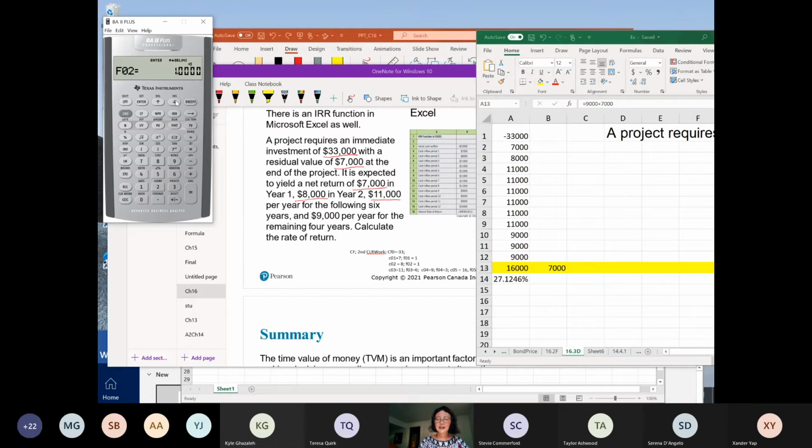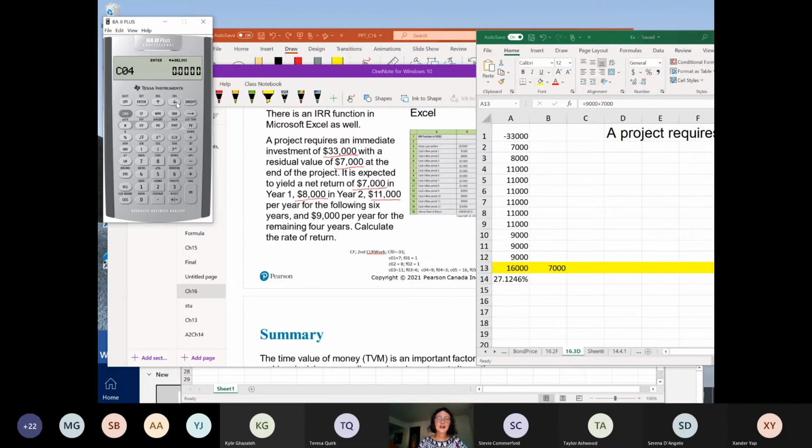And this 8,000 happened once, so frequency is 1, down arrow key. Next one, cash flow 11,000, enter, down arrow key. And this 11,000 happened how many times? 1, 2, 3, 4, 5, 6. So frequency is 6. Enter, down arrow key.